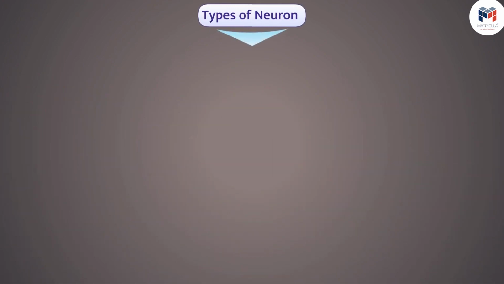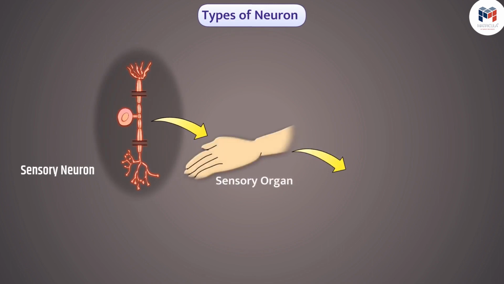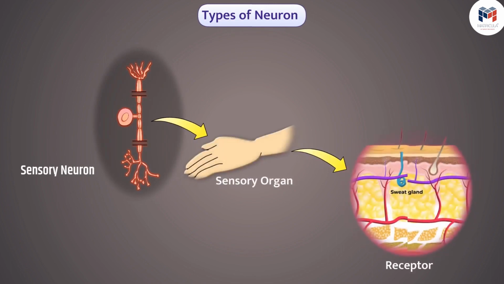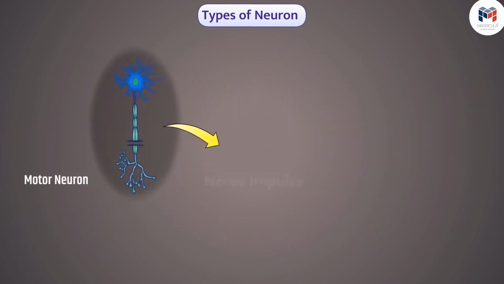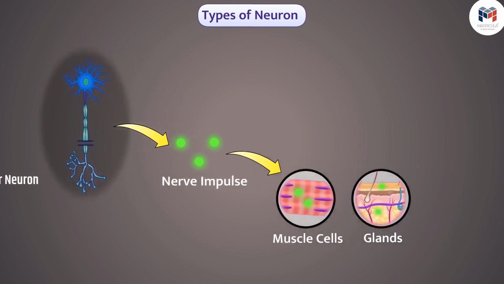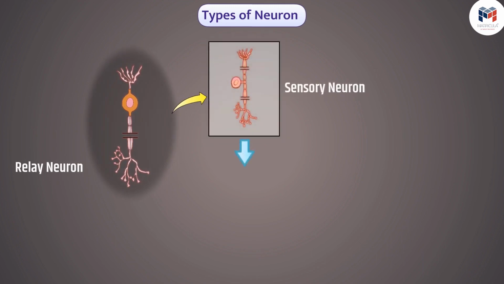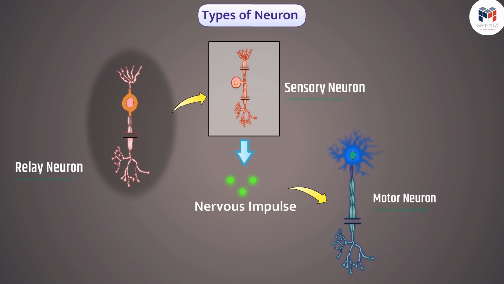Our body consists of three types of neurons. Sensory neurons obtain information from the receptors present in the sense organs. Motor neurons transport the nerve impulse to the muscle cells and glands. Relay neurons transport the nervous impulse from the sensory neuron to the motor neuron.